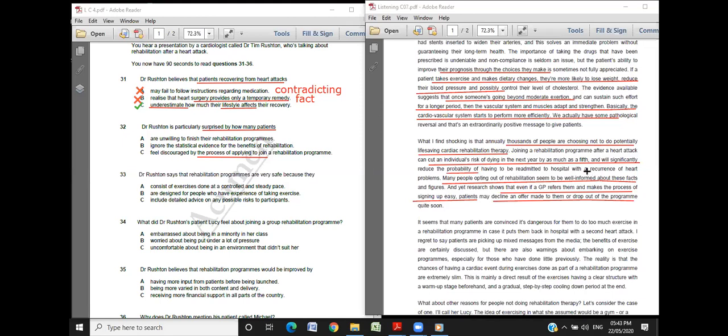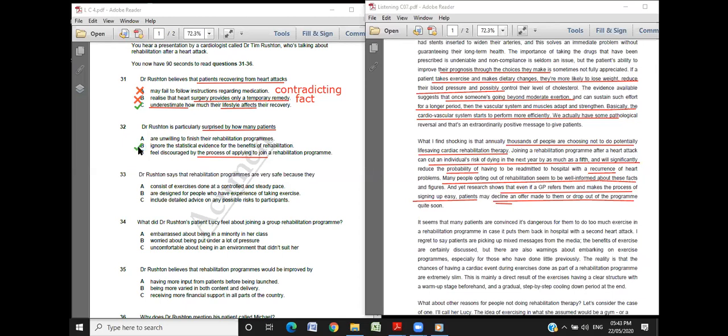Then recurrence, okay, it's a repetitive episode of the same problem again. Well informed, okay, those who have the knowledge about the topic are well informed. To decline is to refuse the offer. So they know it, but they still decline, and therefore B is the correct answer here.